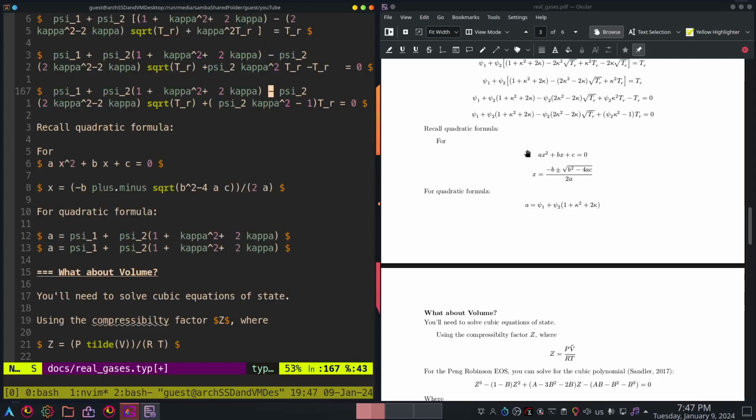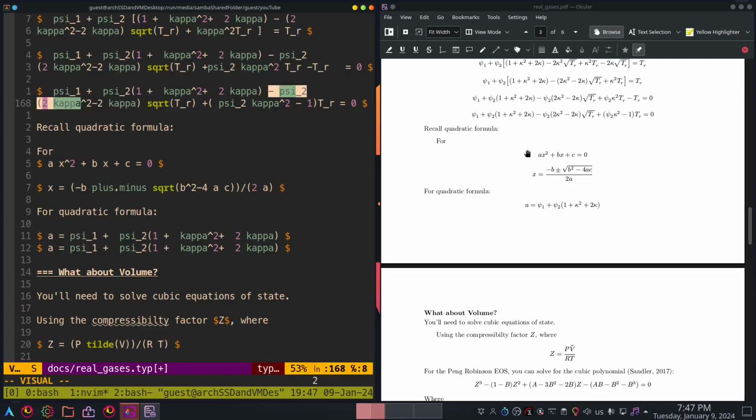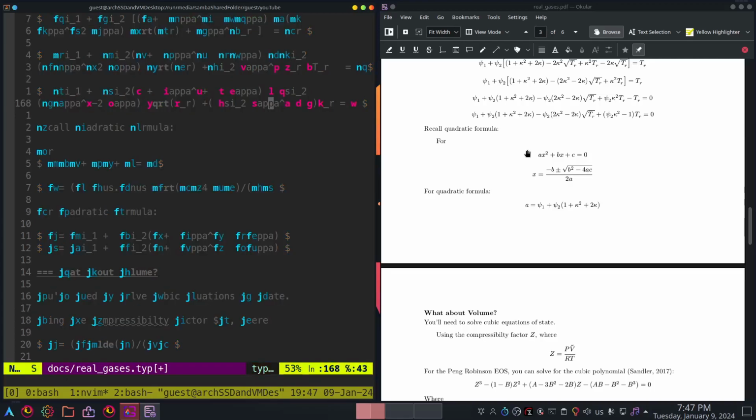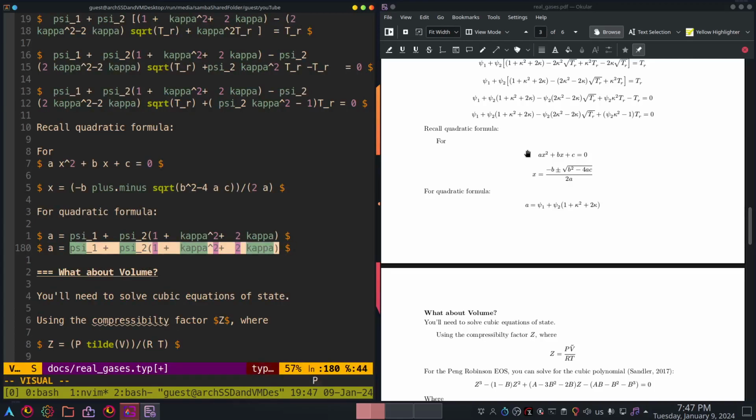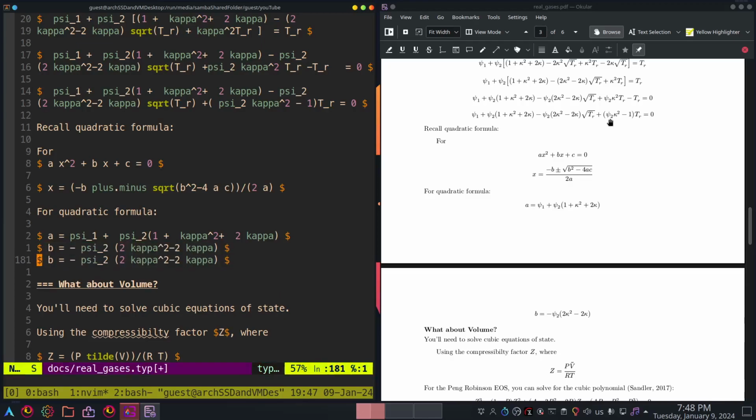Okay, it's minus psi2, pardon me. Minus psi2, all of this, and C is this term here.